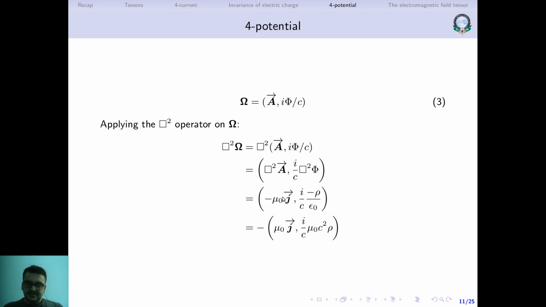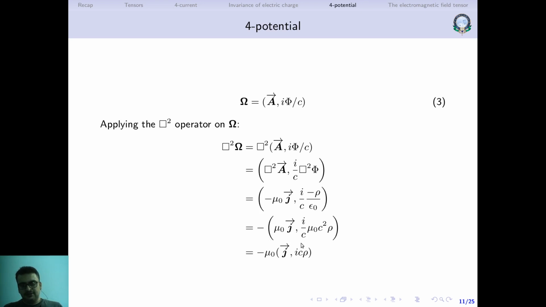So we take the minus sign outside, so we have mu naught j. Now we have this epsilon naught: 1 by epsilon naught is equal to mu naught into c square, since c squared is 1 by mu naught epsilon naught. That's how we make this replacement. If I take this mu naught from both the terms outside, we'll be left with j comma i.